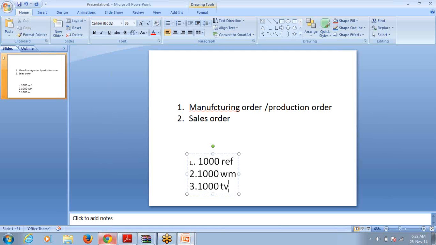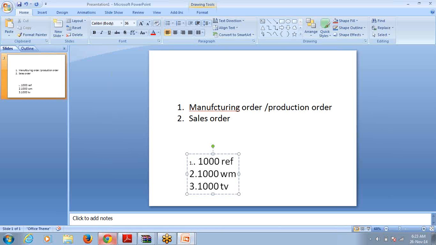This is the order you have got from a governmental agency or from an external third party. This is called a sales order. So the total sales order can be taken as one cost object, or as one unit for which you can find the cost.